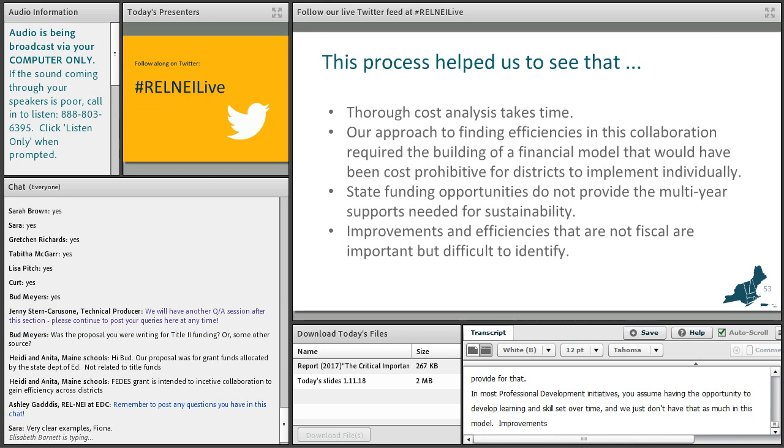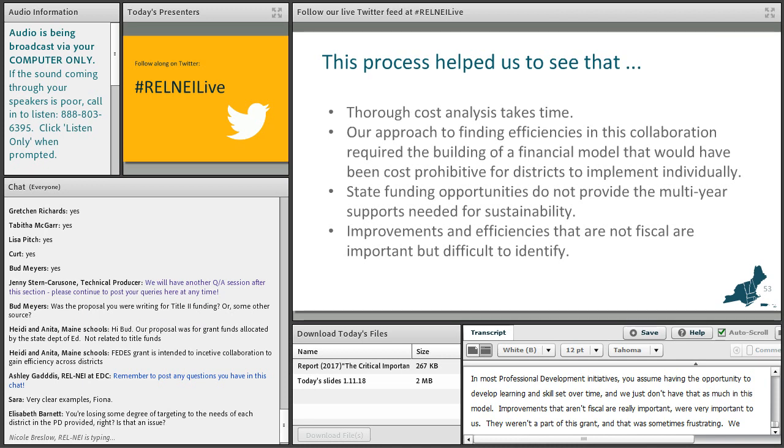Improvements that aren't fiscal were very important to us. They weren't a part of this grant, and that was sometimes frustrating. We built in measures of effectiveness, but they weren't part of the grant.